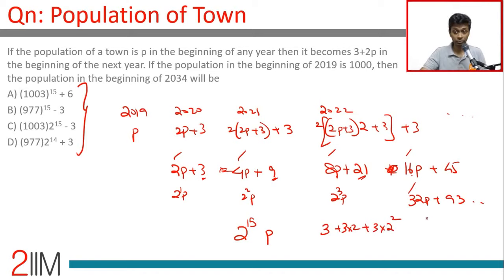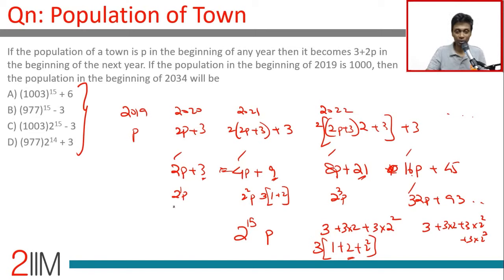This one will be 3 plus 3 into 2 plus 3 into 2 square plus 3 into 2 cube. Or if I extract a 3 outside, 1 plus 2 plus 2 square. This 9, 3 outside, 1 plus 2. We're getting somewhere here. There's a geometric progression sitting here, a beautiful geometric progression. In year 1, we just have 3 into 1. In year 2, we have 3 into 1 plus 2. In year 3, we have 3 into 1 plus 2 plus 2 square.